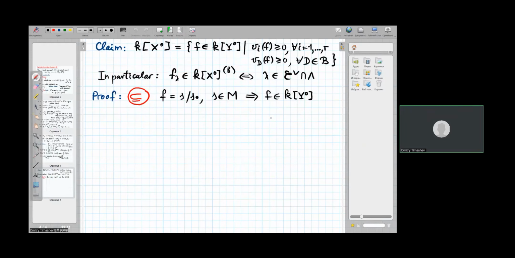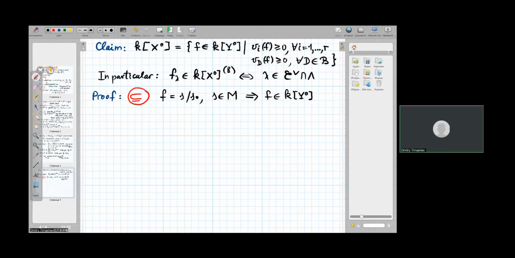And also the vanishing order of this function f at any prime divisor D in the set of colors B is non-negative. Let me say it like this.